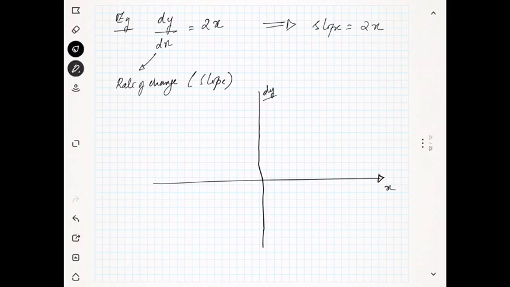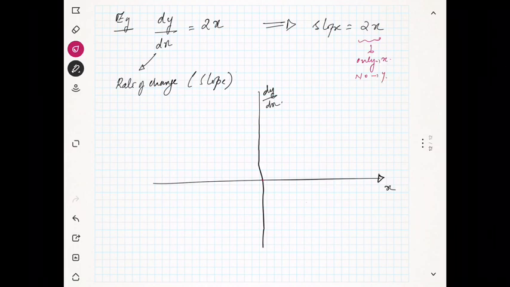We are plotting the differential equation. Now let us consider the point x equal to 0. It is only a function of x. It contains only x, and there is no y.